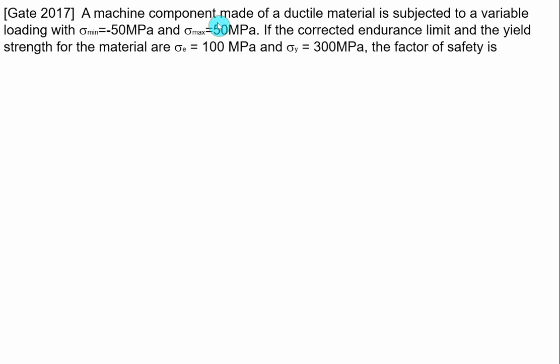A machine component made of a ductile material is subjected to variable loading with a minimum value equal to minus 50 and a maximum value equal to 50. The corrected endurance limit and the yield strength of the material are 100 megapascal and 300 megapascal. The factor of safety we have to find out.